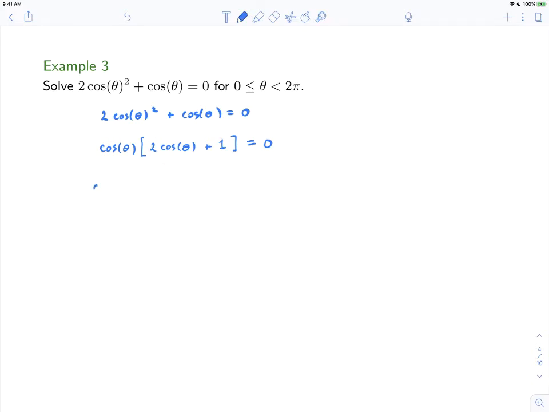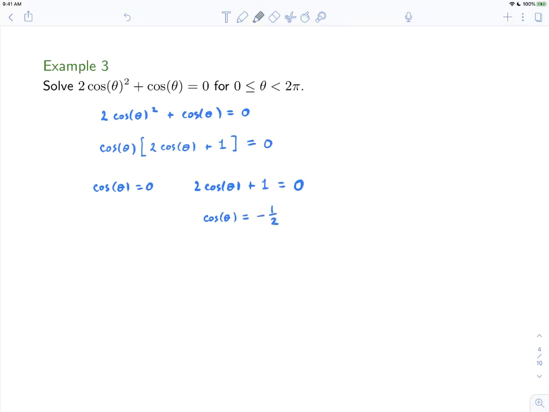So either cosine of theta is equal to 0, or 2 times cosine of theta plus 1 is 0. If 2 times cosine theta plus 1 is 0, then cosine of theta must be equal to minus 1/2.